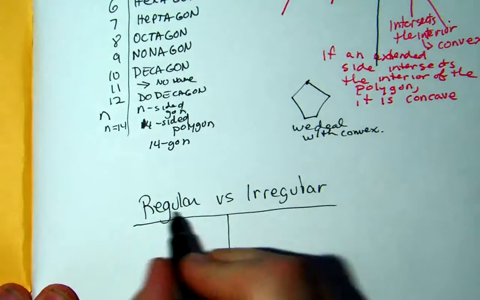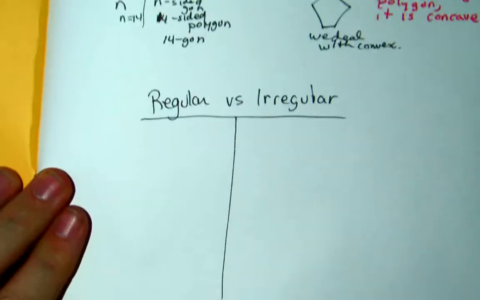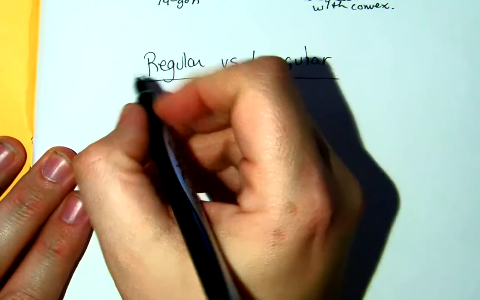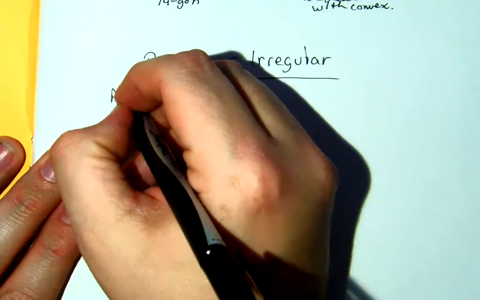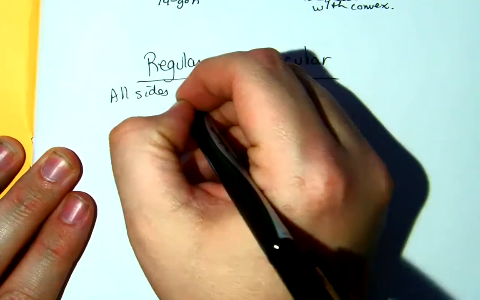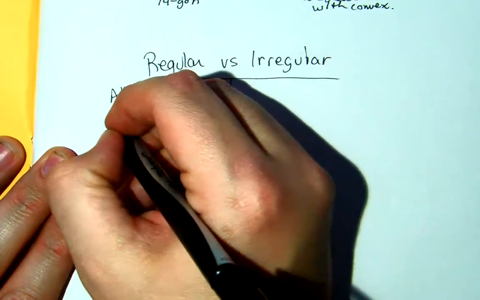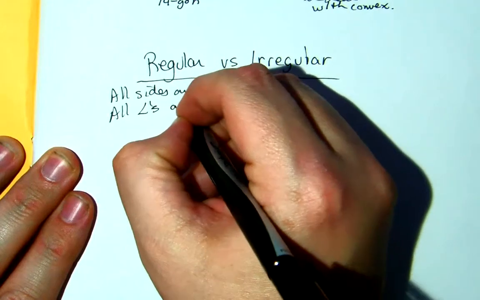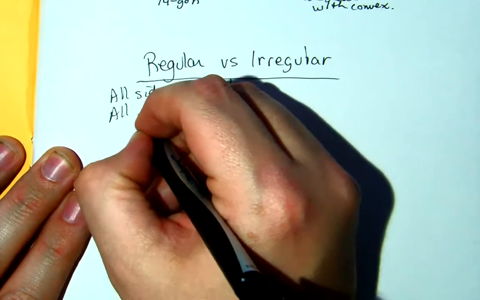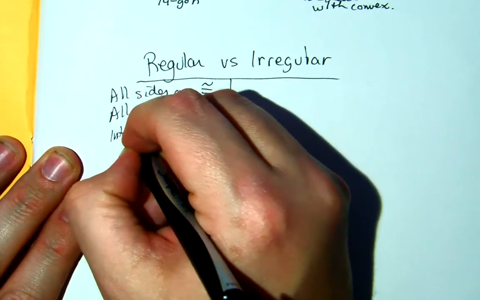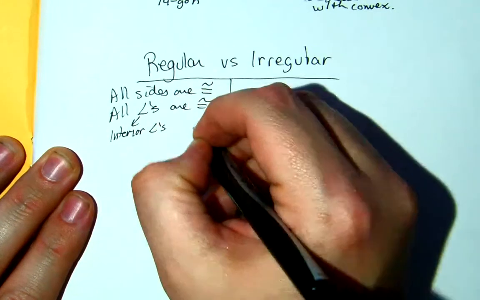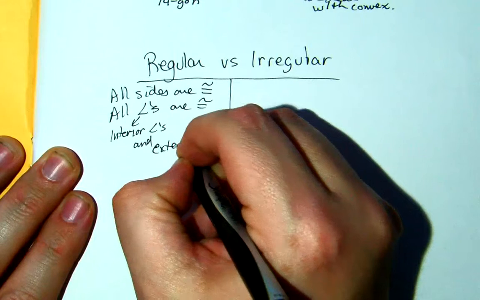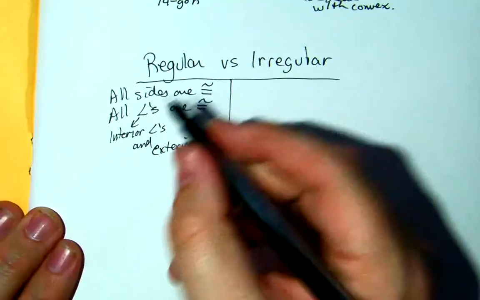A regular polygon, all sides are congruent, all angles are congruent, and this means interior angles and exterior angles.